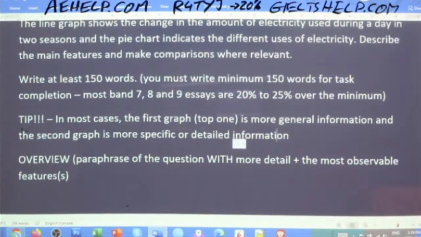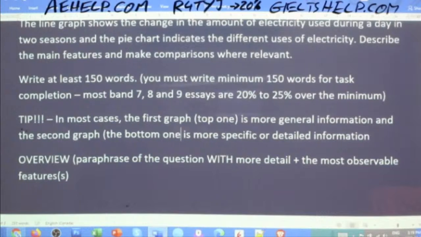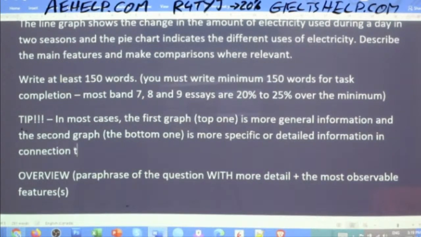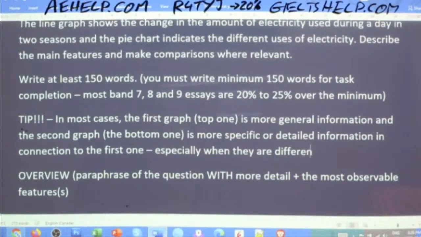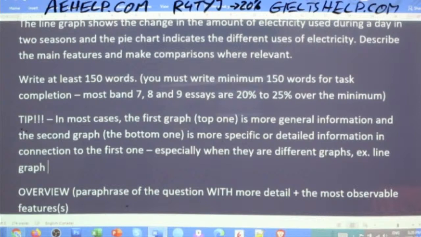Let's put that back here. So the second graph, in this case the pie chart, is more detailed information in connection to the first one, especially when they are different graphs, like pie chart followed by tables, or in this case, line graph followed by pie chart.